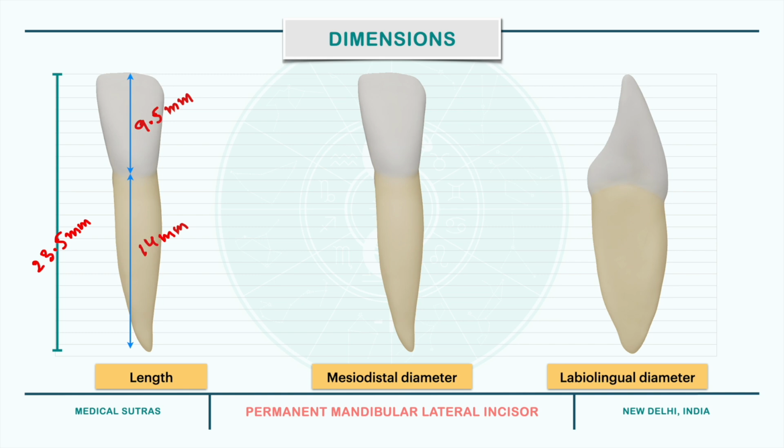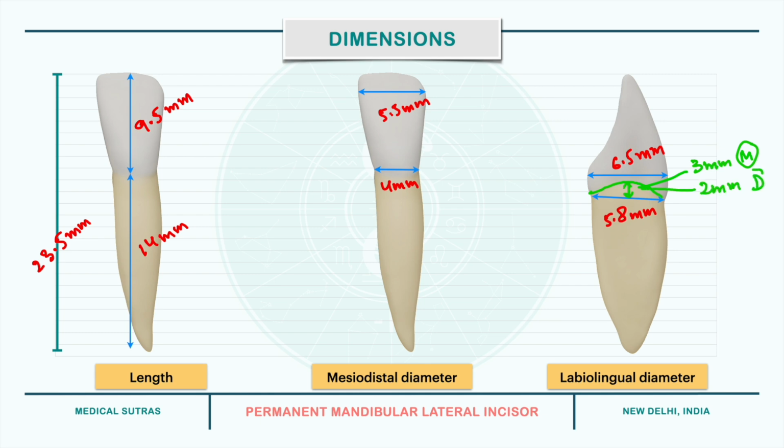The mesiodistal diameter of the crown is 5.5 mm at the crest of curvature and 4 mm at the cervix. The labiolingual diameter is 6.5 mm at the crest of curvature and 5.8 mm at the cervix. Lastly, the curvature of the cervical line is 3 mm on the mesial side and 2 mm on the distal side.